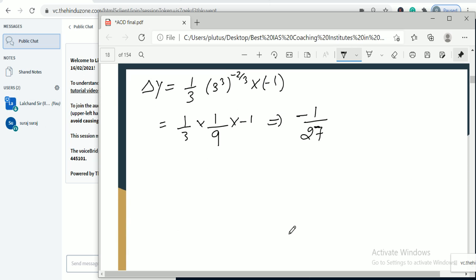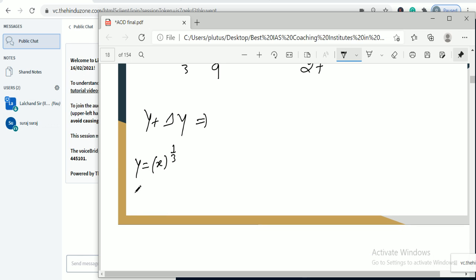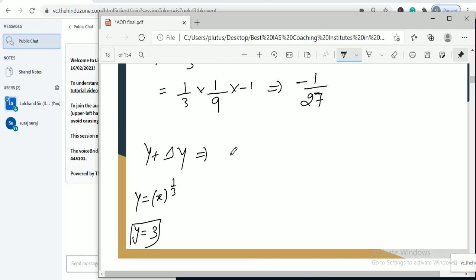Okay, so our y value is y plus delta y. So what is the value of y? How to find y value? The y value will be given by this curve, y equal to x to the power 1 by 3. At x equal to 27, the y value is 3. So if we put this 3 here, 3 minus 1 by 27.